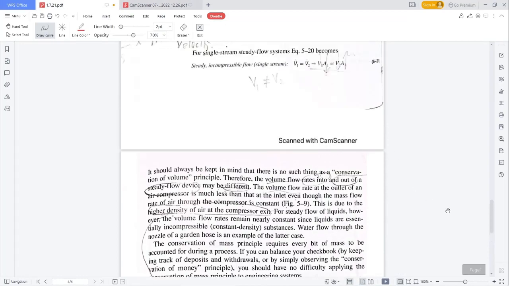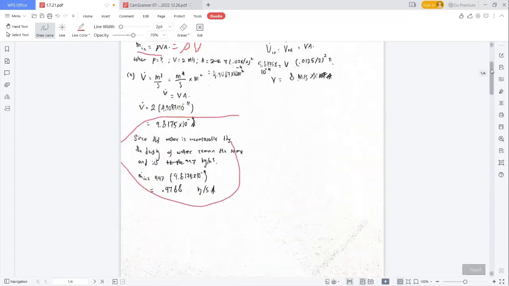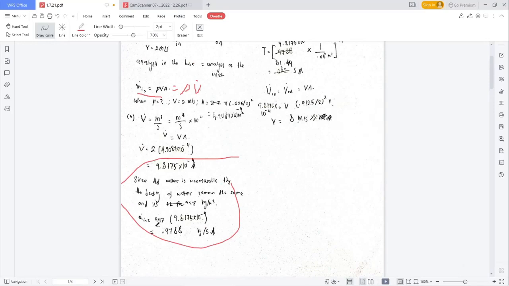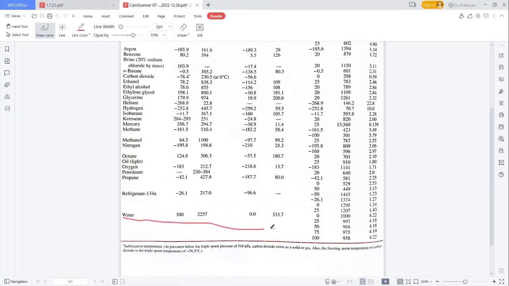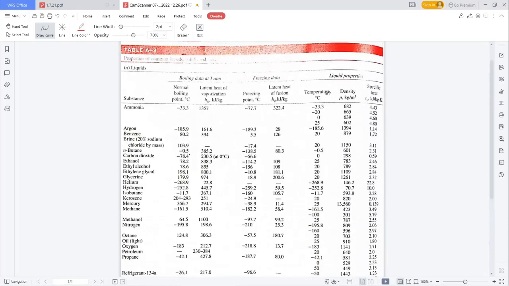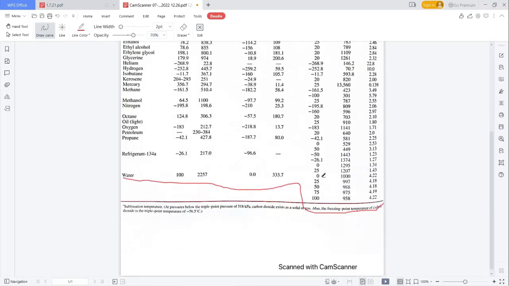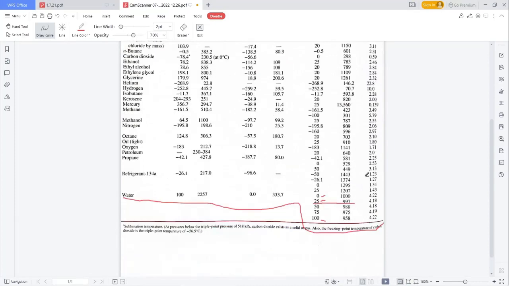That's why in the problem solving I'm using the density of water, 997. I'm quoting from Table A-3 of the thermodynamics book, where you can see the rows of temperature at 0, 25 and 100. I'm just going to use the value 997, since during my study this magnitude was constantly used in any analysis as the density of water.